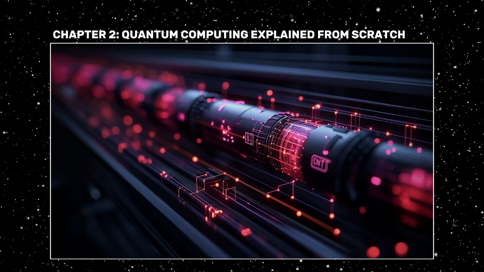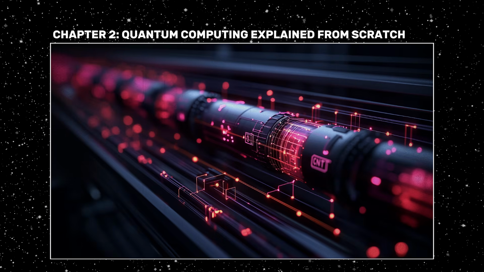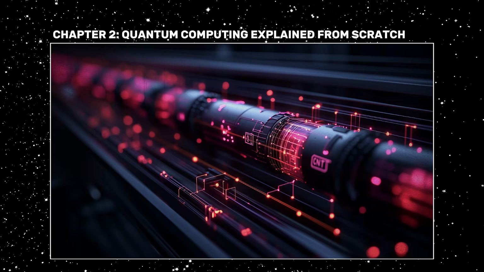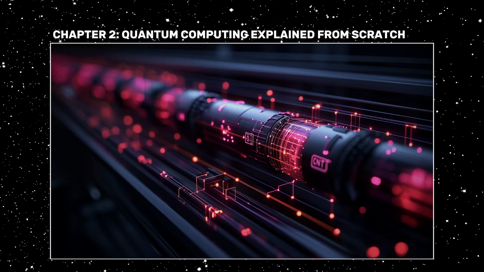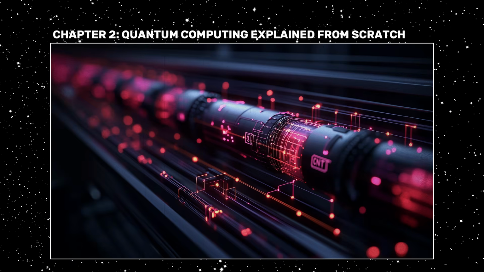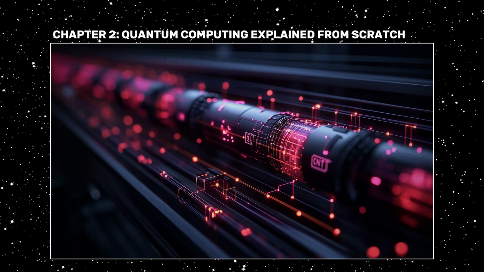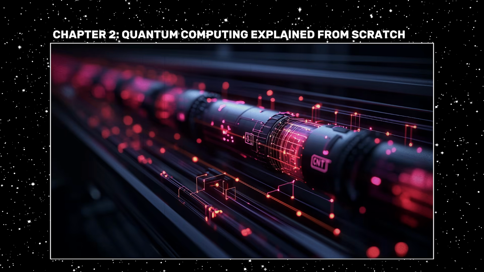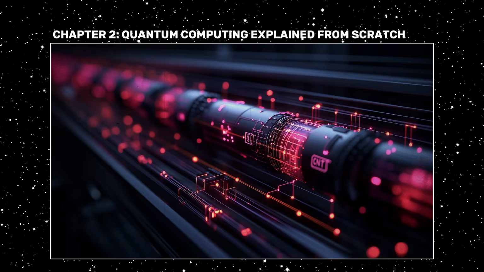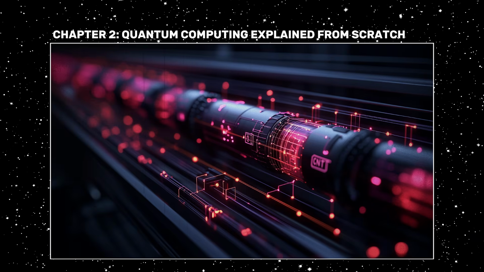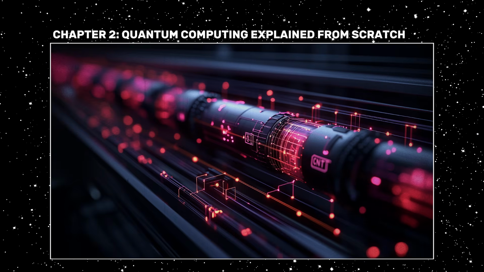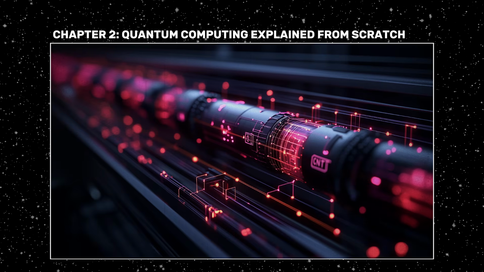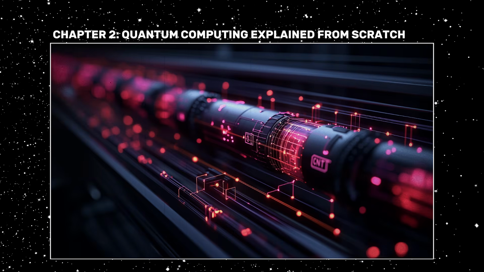This probabilistic measurement does not detract from the system's computational utility. Instead, it demands careful algorithm design to amplify correct results and suppress incorrect ones. Qubits derive their unique properties from quantum superposition and interference, enabling a single qubit to encode vastly more information than a classical bit under specific conditions.